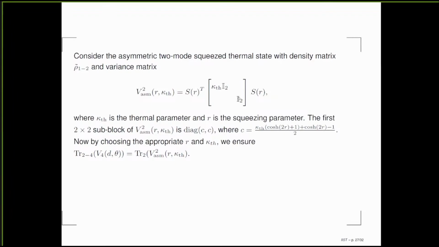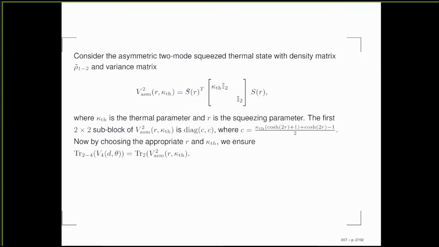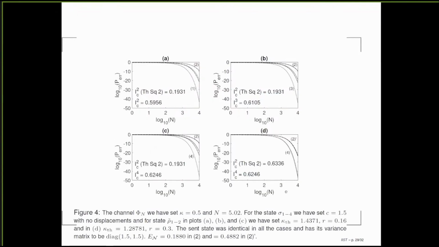So you take a thermal state, couple it to a vacuum, then apply the two-mode squeeze operator on this. Whatever comes out will have this kind of variance matrix. The details are in the paper. Then you can calculate entanglement, negativity, everything. So the squeezing, the squeeze parameter S of r, where r is this value 0.16 and 0.3.